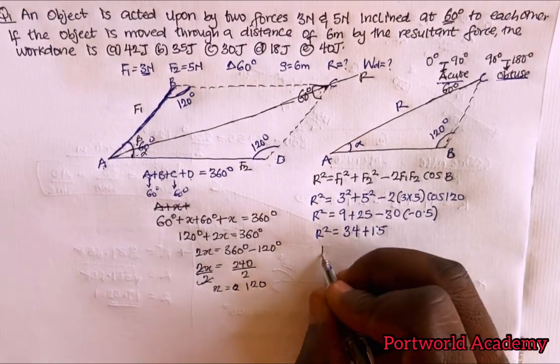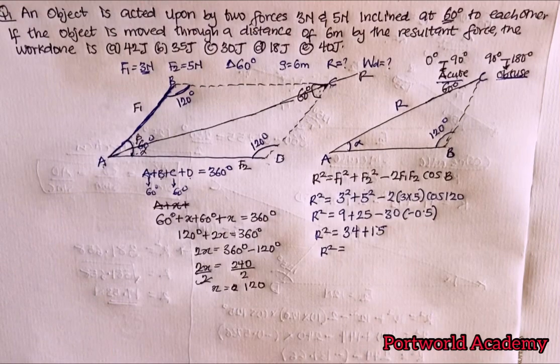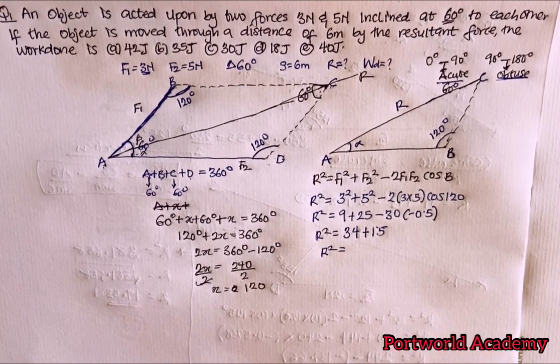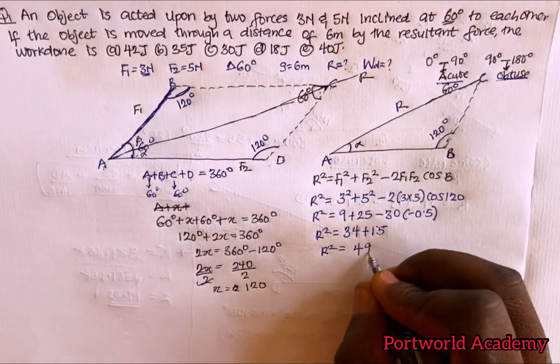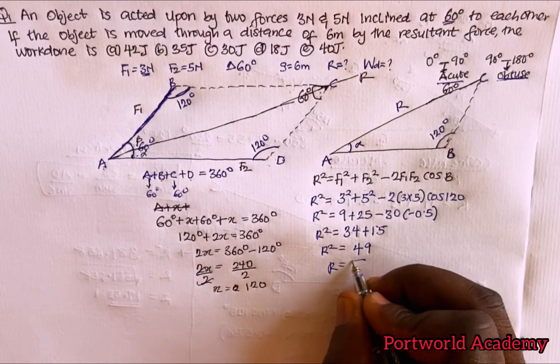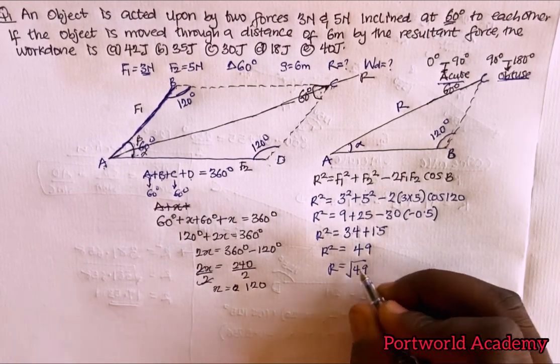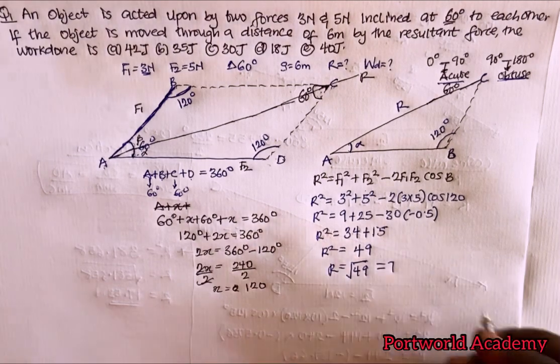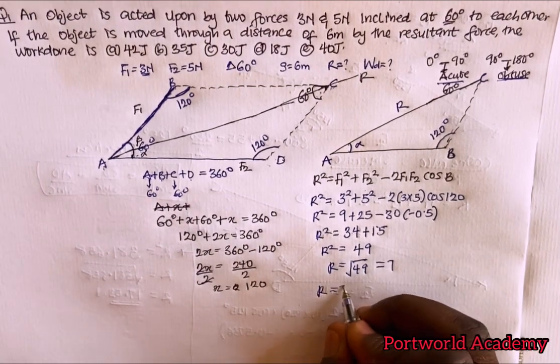Then R squared equals 34 plus 15, that's 49. Then R is the root of 49, which equals 7. So my resultant force R equals 7.